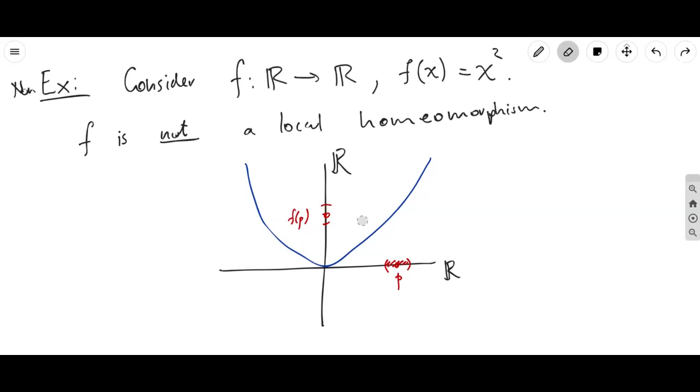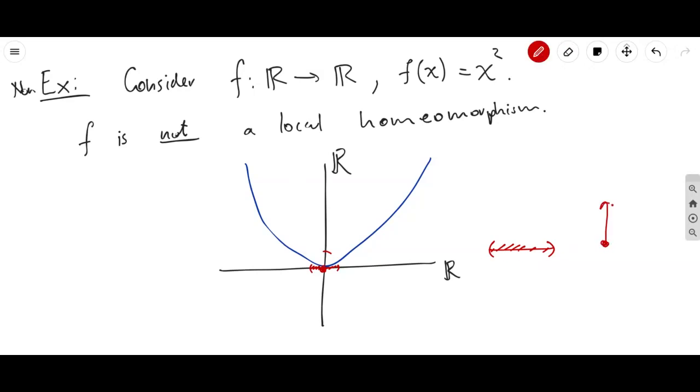But the problem occurs at the origin, of course. So if P is at the origin, then F of P is also at the origin. But notice that no matter how small you try to draw something in the domain, when you look at its image, the squaring function sort of glues both of these sides together.